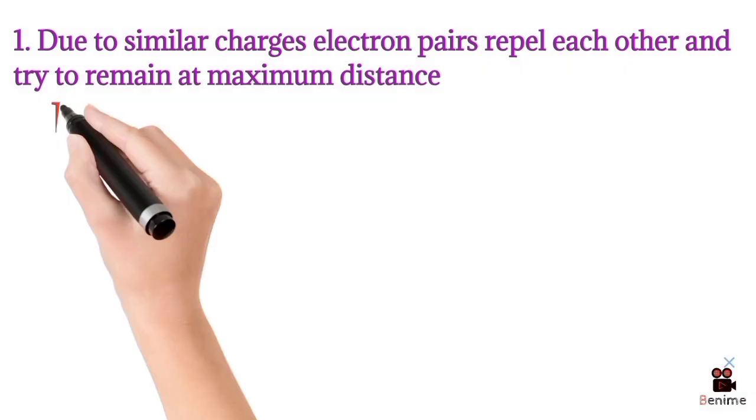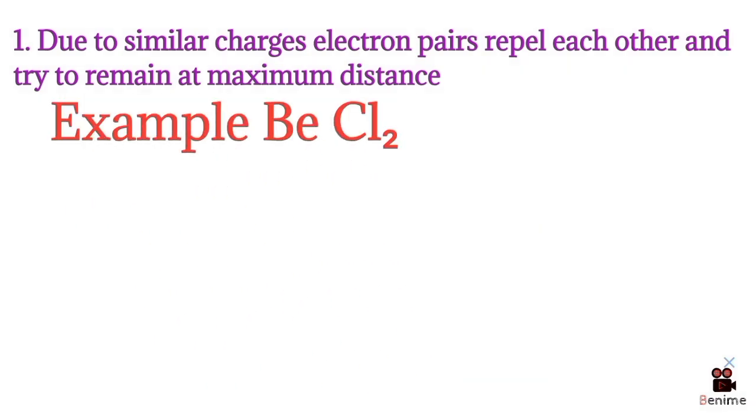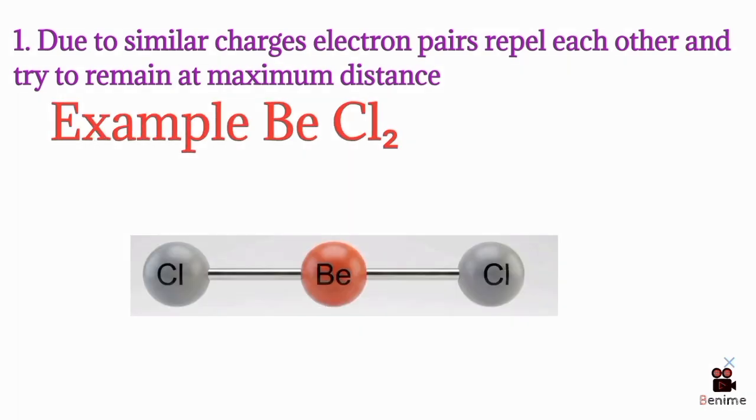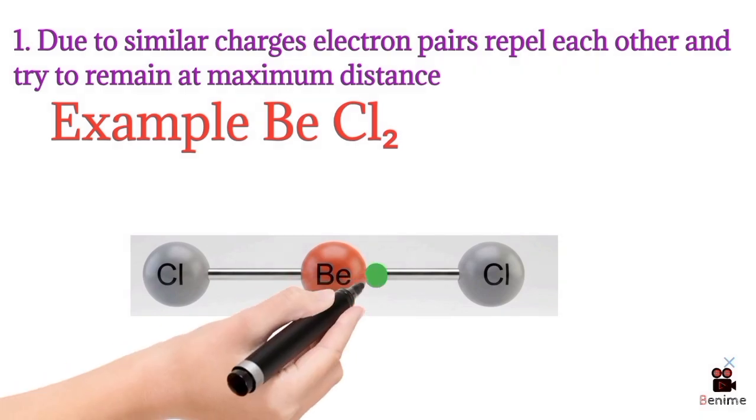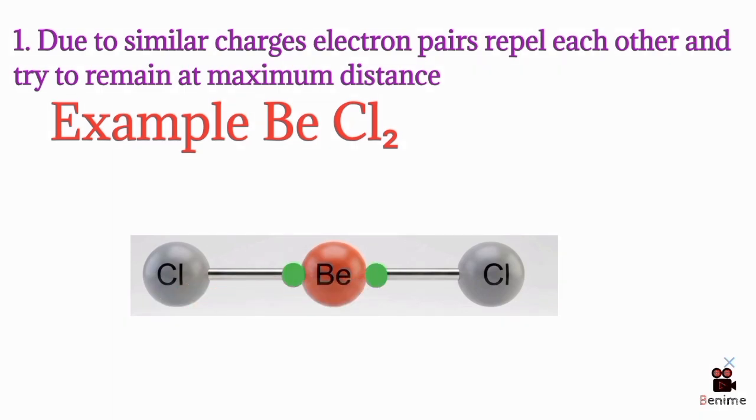We start with an example of BeCl2. In BeCl2, beryllium is the central element. It has 2 valence electrons because it belongs to group 2 of the periodic table. It uses both valence electrons to form 2 bonds with 2 chlorine atoms. So, in the BeCl2 molecule, there are 2 bond pairs and no lone pair.